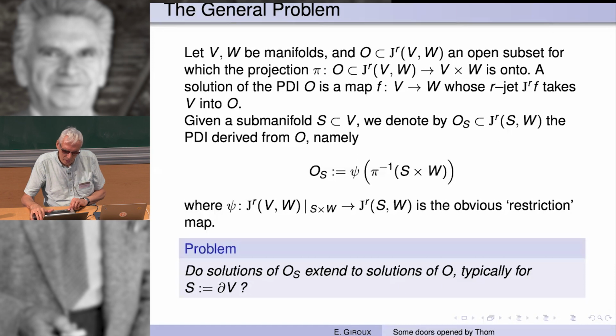Now, if you have a submanifold S, then by restriction you get an open set O_S in the r-jet space of maps from S into W, defined by O. And the main question considered by Thom is, assume I have a solution of the restricted problem. Can I extend it to a global solution of O?